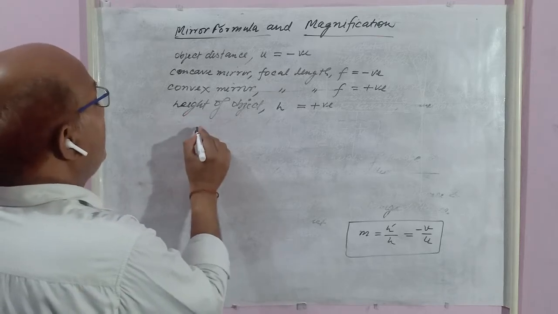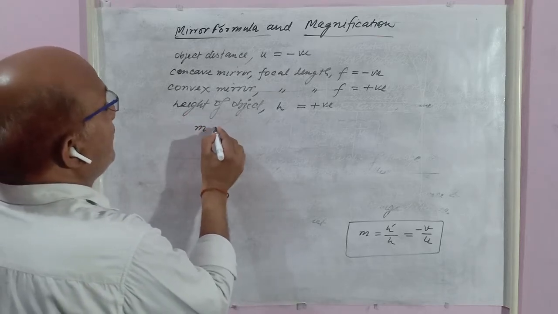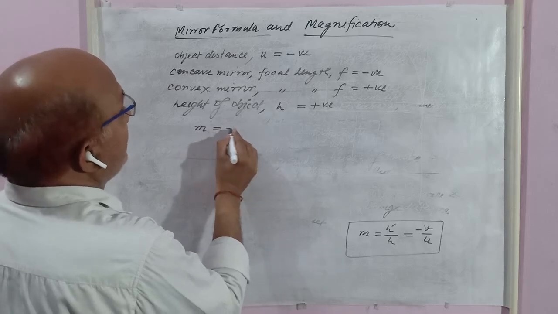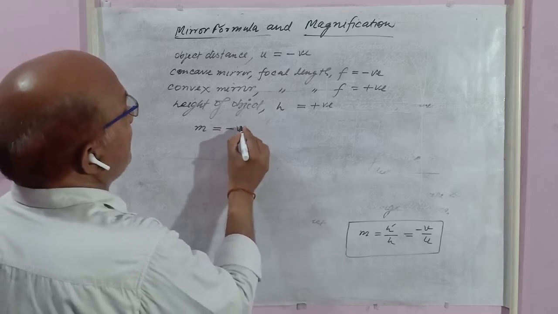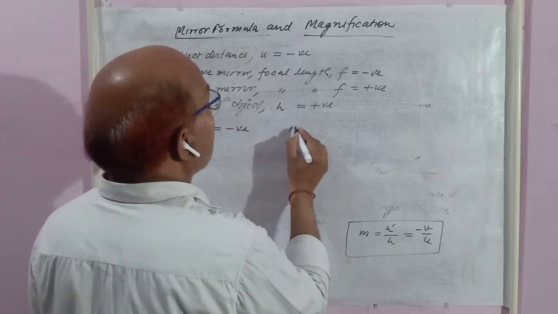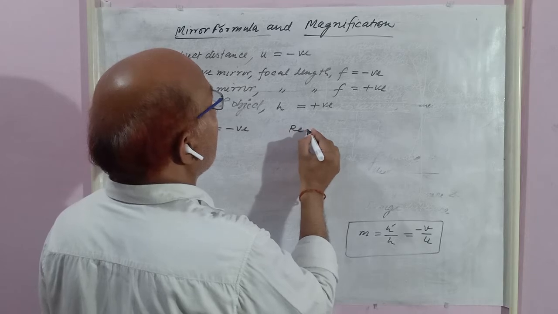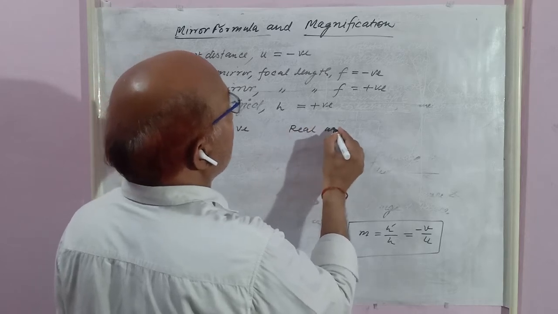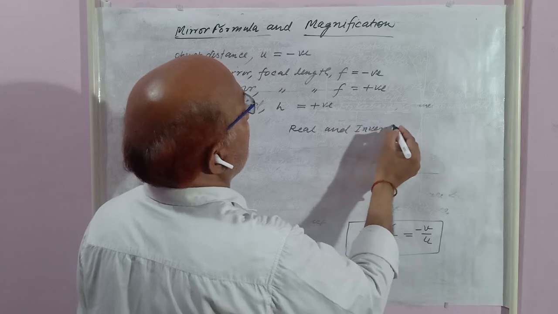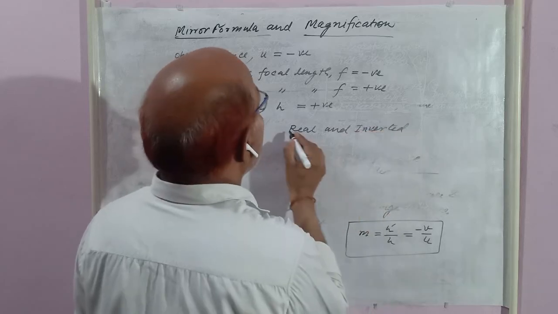And if magnification produced by mirror is negative, it means the image is real and inverted. Okay.